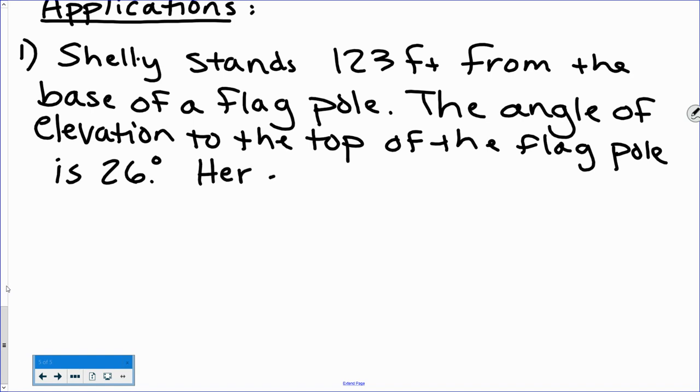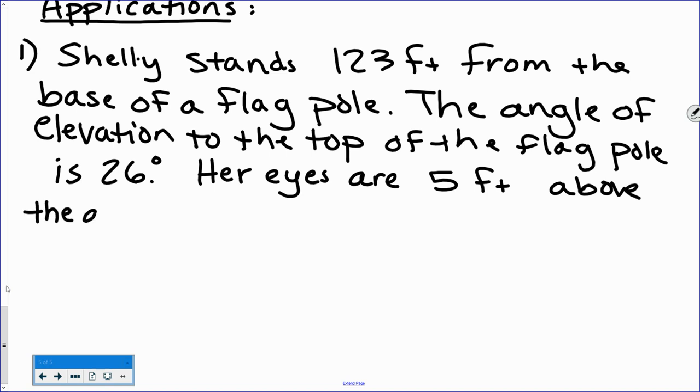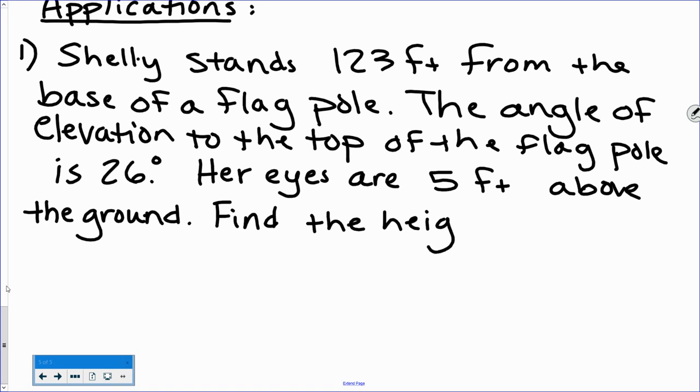Her eyes are 5 feet above the ground. That's our situation. What we need to figure out is we need to find the height of the flagpole.